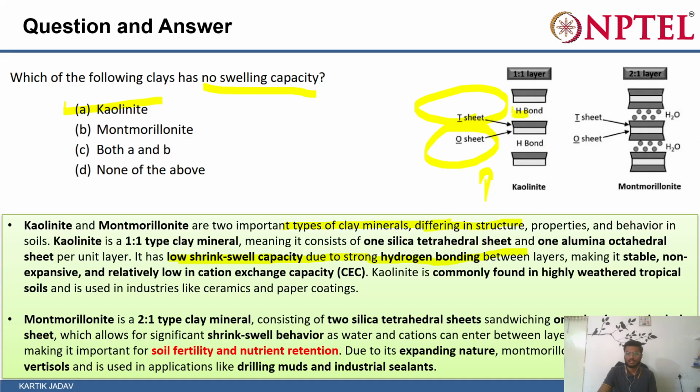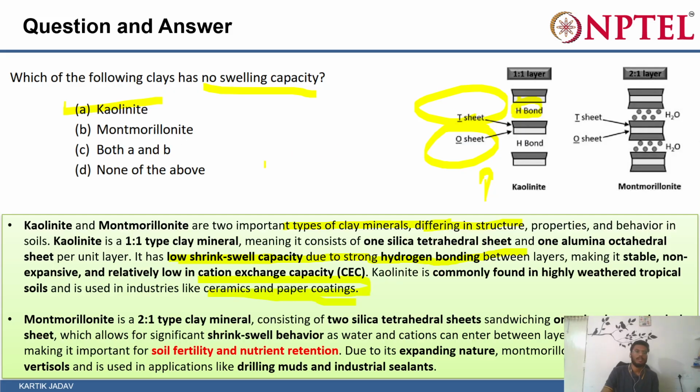You can see this hydrogen bond between the tetrahedral sheet and the aluminium octahedral sheet. The sheets get attached with a very strong hydrogen bond, which makes it stable, non-expansive, and low in cation exchange capacity. Kaolinite is commonly found in highly weathered tropical soils and used in industries like ceramics, paper, and coatings.